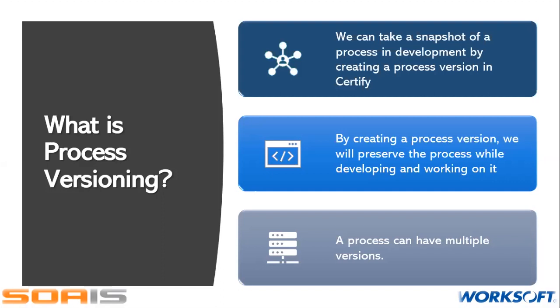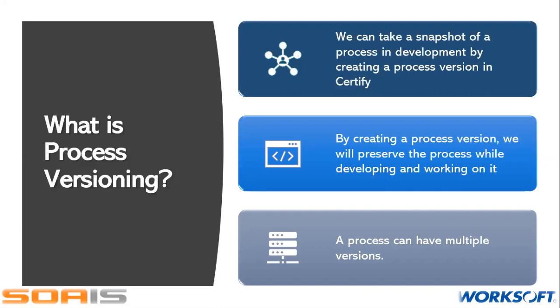Let's say today one new requirement came. So I create a version, modify the current version, and preserve the old version. Next day, after 2 or 3 days, again on that process a functionality change or new business requirement came. Then we need to modify that process again. So we'll create another version of the process, because the first version is already preserved.